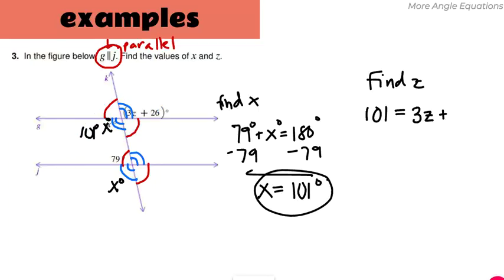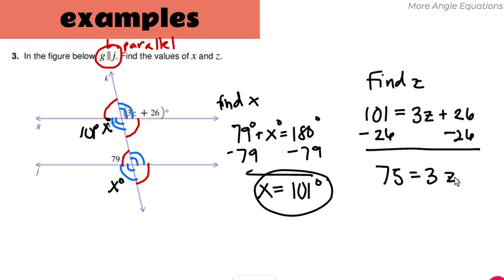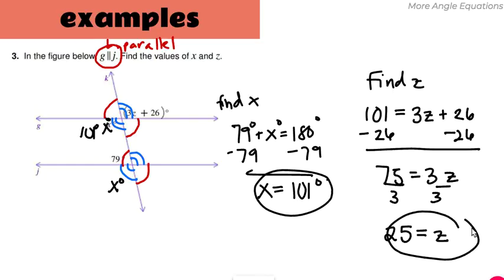Okay, plus 26. And I just solve. So 101, definitely use a calculator while you're working on these. We get 75 equals 3z. 25 equals z.